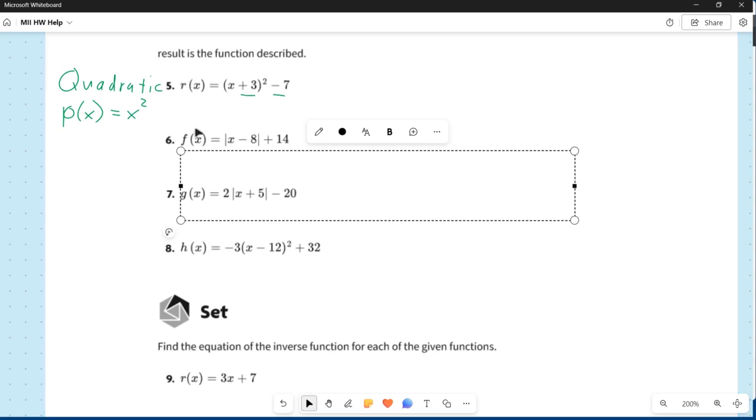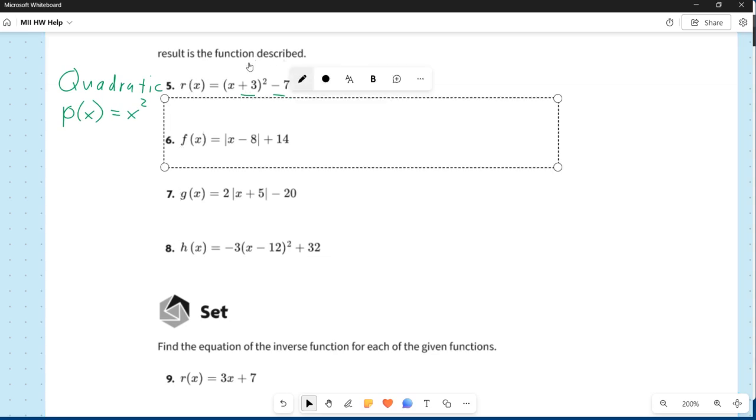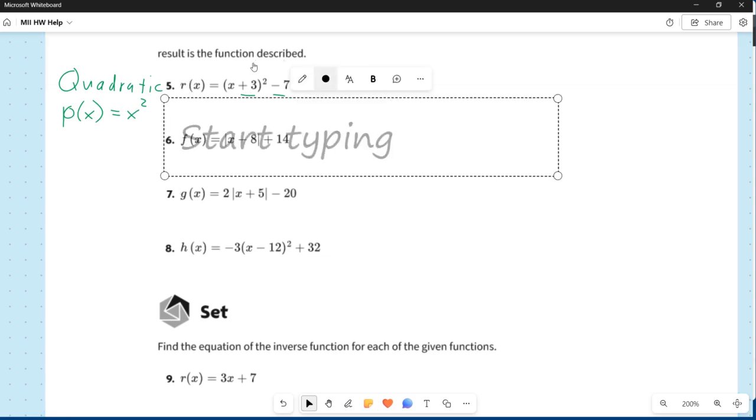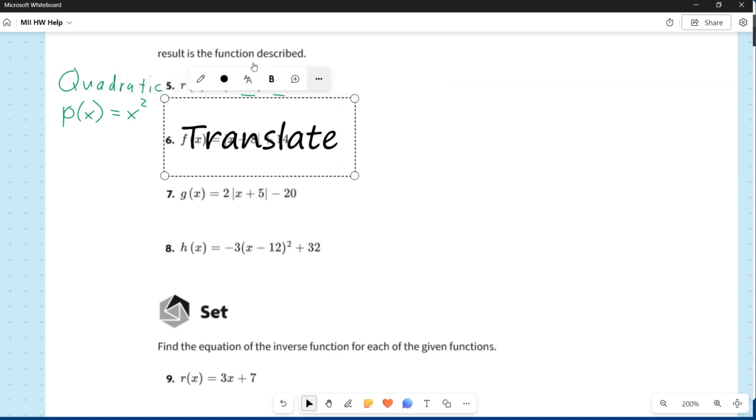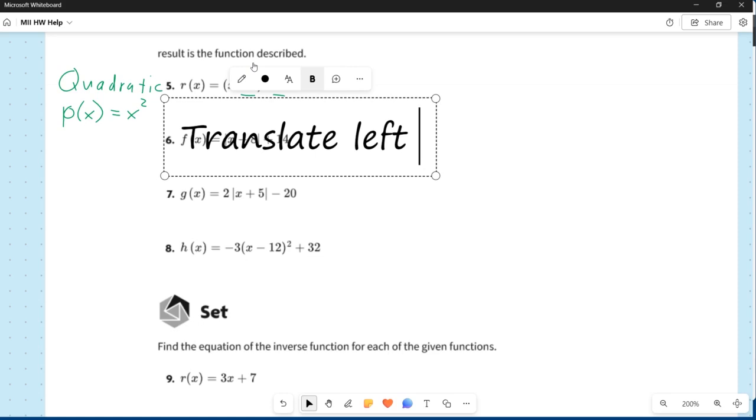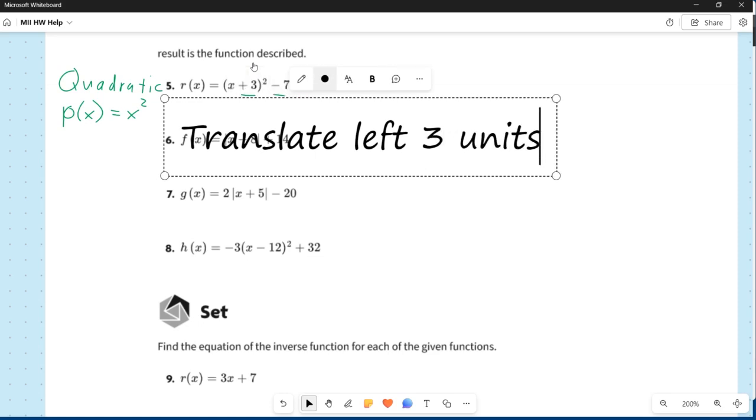So let's just get that into words here. The transformations that have happened from the parent function to r of x is that we can translate left 3 units. And it's left because it's plus 3. So when your horizontal shift is plus a number, it means you've been shifted to the left.